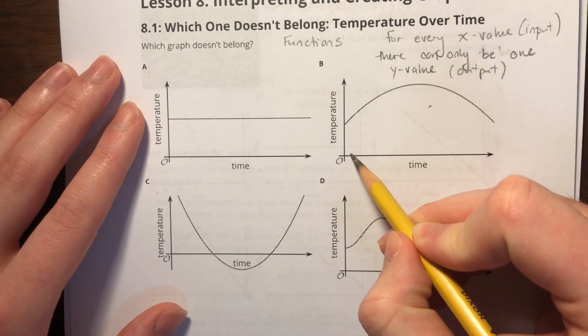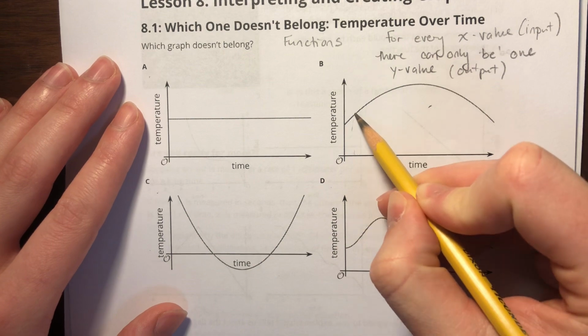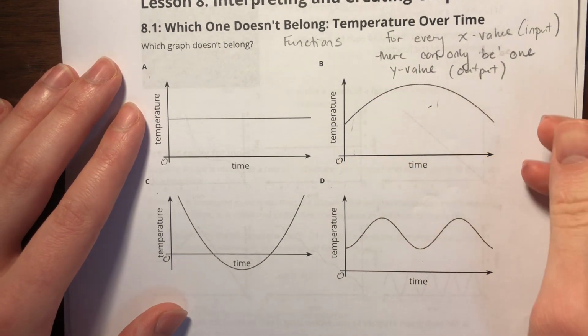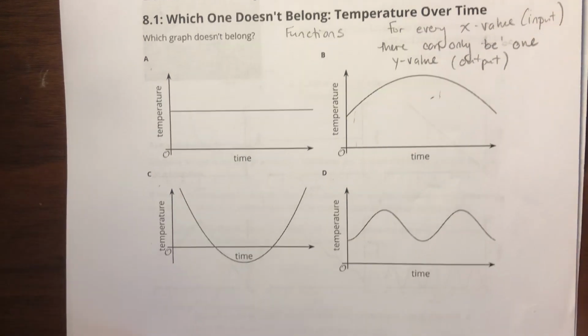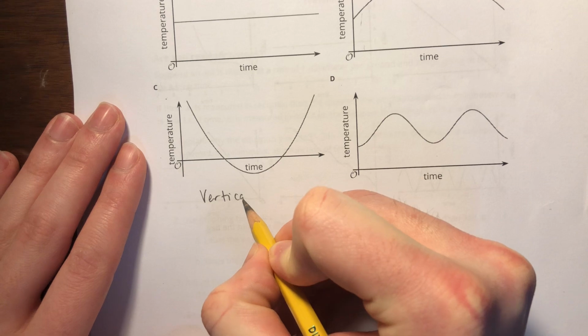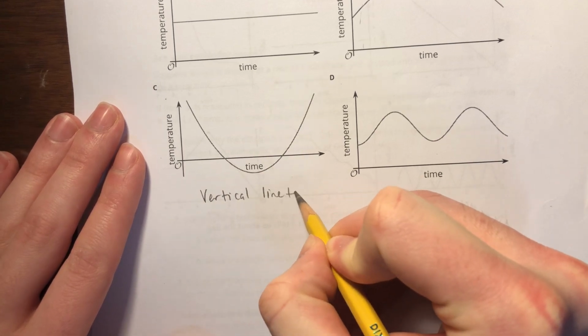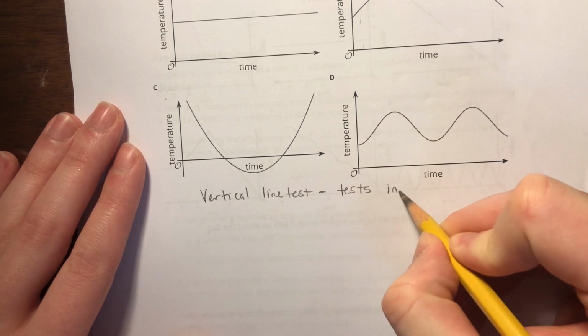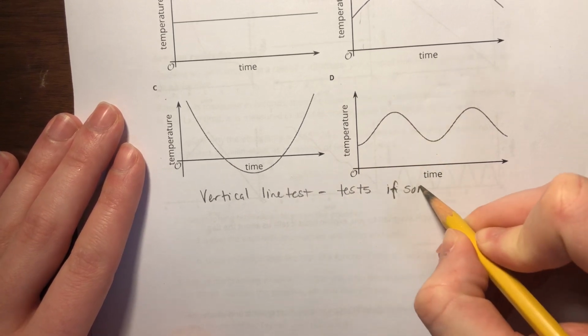So looking at this graph here, for every x value, I only see one y value. Right? And one of the ways that we test something as a function is called the vertical line test. And that tests if something is a function.